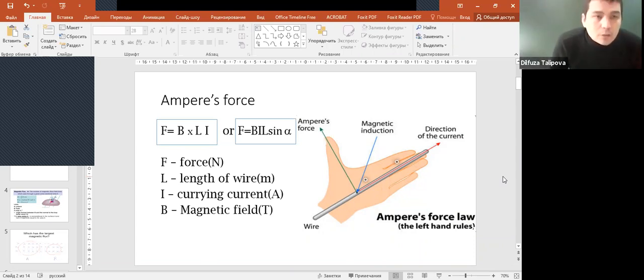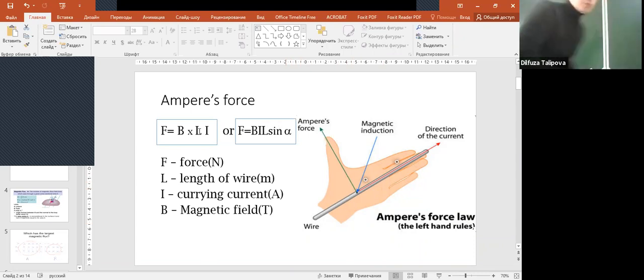Ampere's force is equal to magnetic field multiplied by current multiplied by the length of the wire. And here, as you can see, sine alpha is the angle between the magnetic field and the length of the wire.